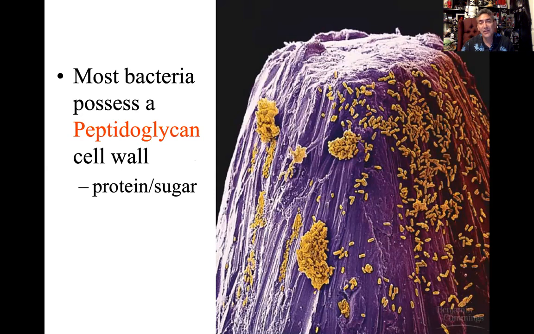The identification of this protective molecule in the cell wall that we call peptidoglycan. Peptidoglycan is a combination of a peptide, so proteins, and sugars, right? Pepti referring to protein, glycan referring to sugar. So peptidoglycan, a protein and sugar molecule that makes up the protective cell wall around the bacteria.